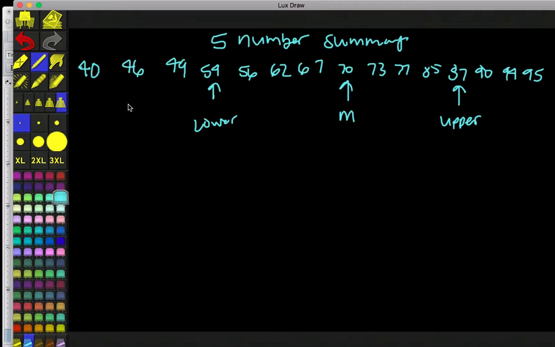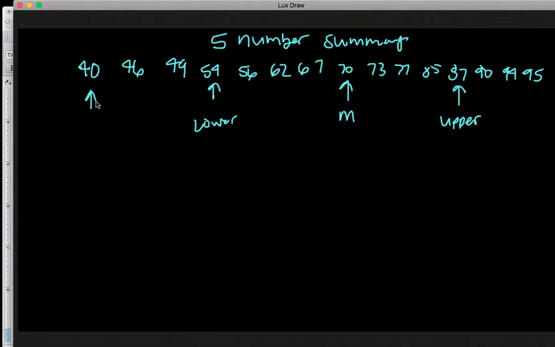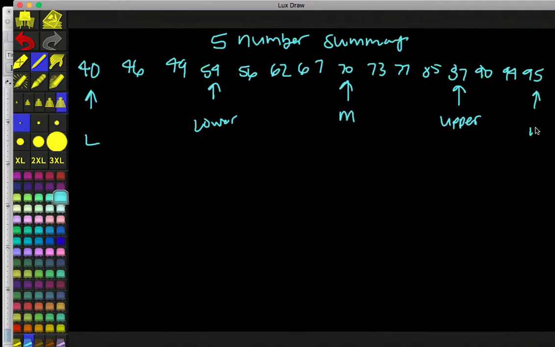And then, of course, my endpoints are here with my low and here with my high. So my 5 number summary is going to look like 40, 54, 70, 87, and 95. Okay, so that's pretty easy, but it's just nice to know what it is.